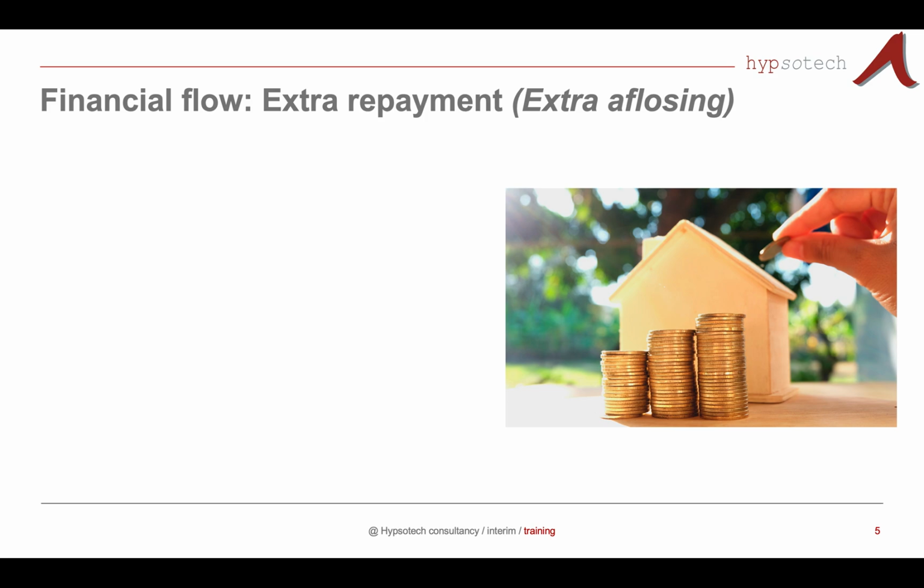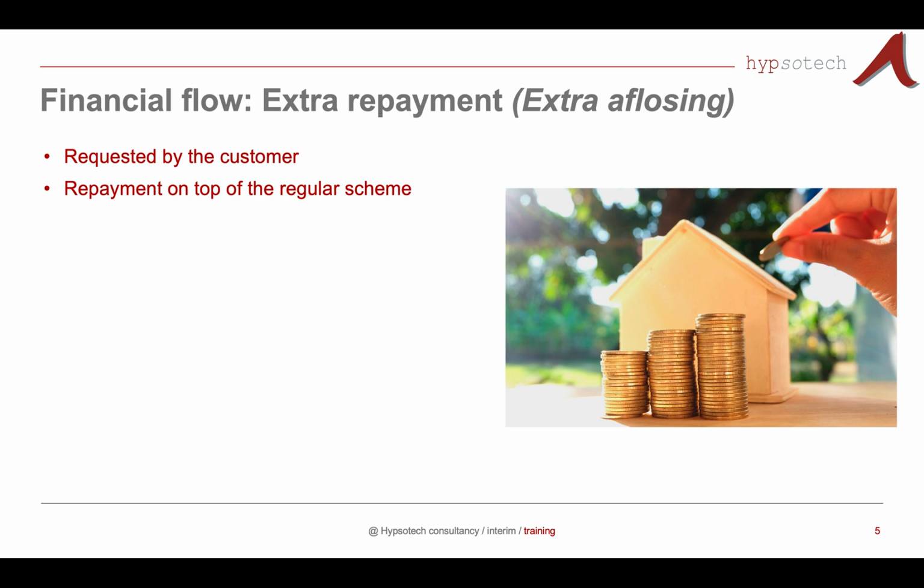An extra repayment, or extra aflossing, is when the consumer decides to repay more than the payment schedule, the regular scheme on the loan. And there can be different reasons for that.